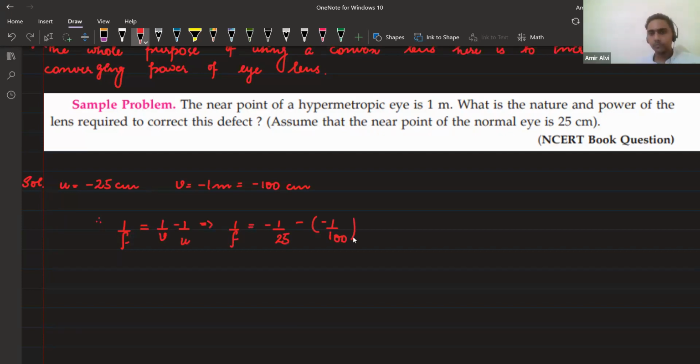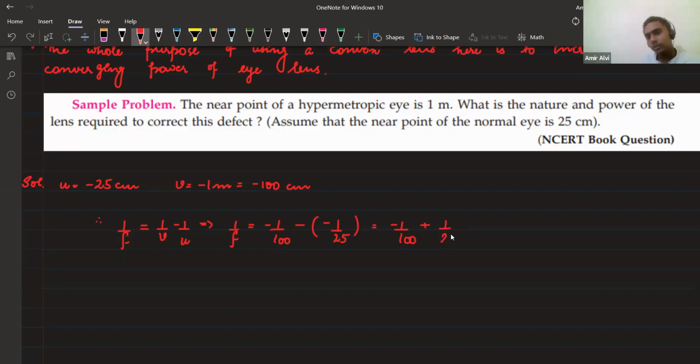Okay, clear everyone? Sorry, in the substitution it should be 1 by 100. Minus of minus. Everybody is basically focusing on the screen. That's good. So it would be 1 by 100 plus 1 by 25.